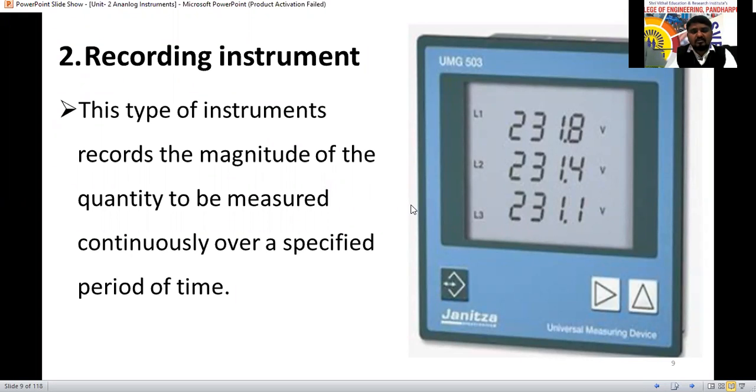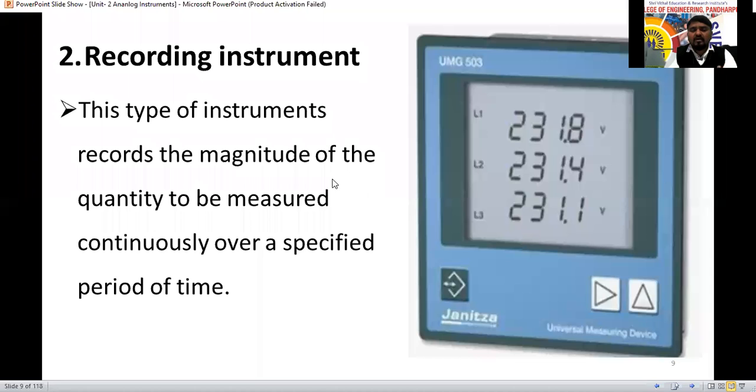Per minute basis also, it is going to record. Per day basis, you can count that one. For 2 days, for weekly, for quarterly, like that also, they are going to record these values. See, after suppose 6 months, if you want to see how much voltage was there at this particular time, you can check the recorded value here. This type of instrument records the magnitude. Whatever the magnitude value is, they record exactly that.